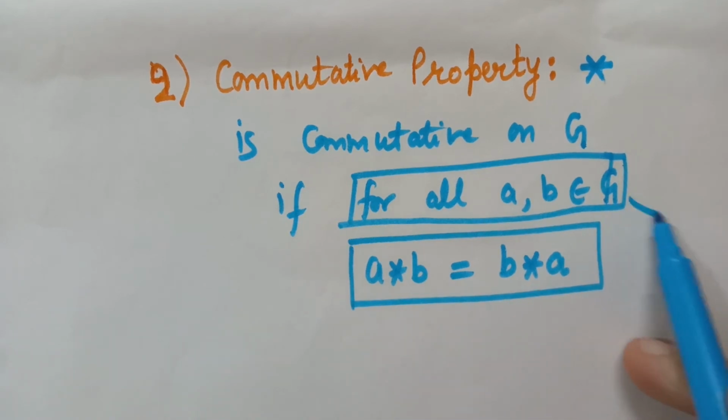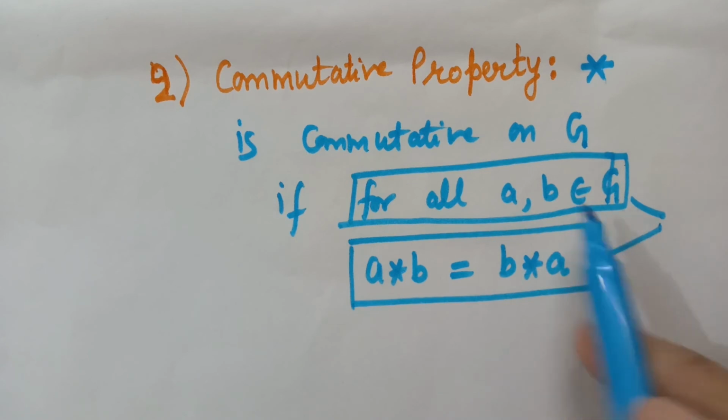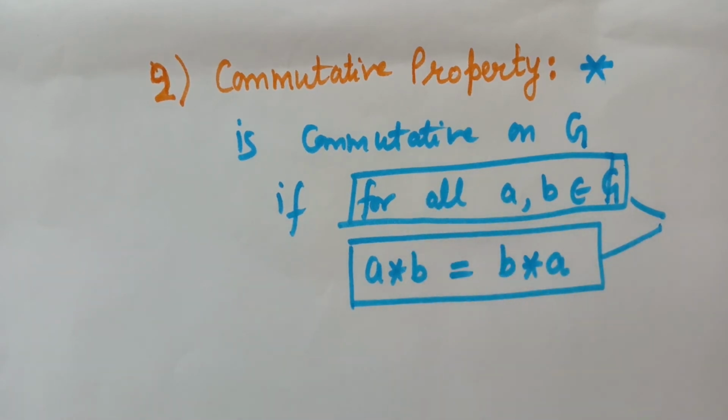So if this condition holds, then we would say that the given operation is commutative on G, or G satisfies commutative law with respect to the given binary operation star.